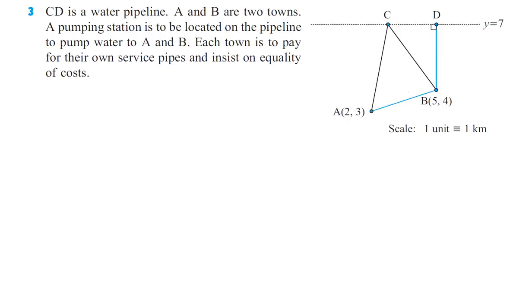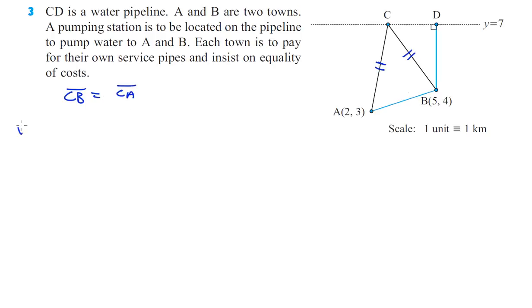Okay, so we know that this distance here, we're calling C, let's just pretend that C is the pump station. So we know that this length here has to be the exact same as that length there. Okay, so what we want to do is figure out how we're going to make CB equal to CA, right?